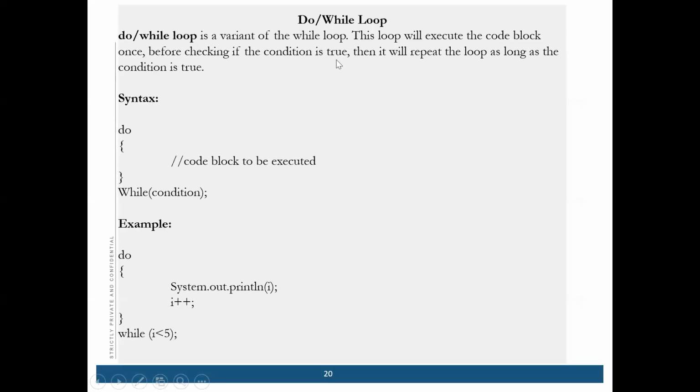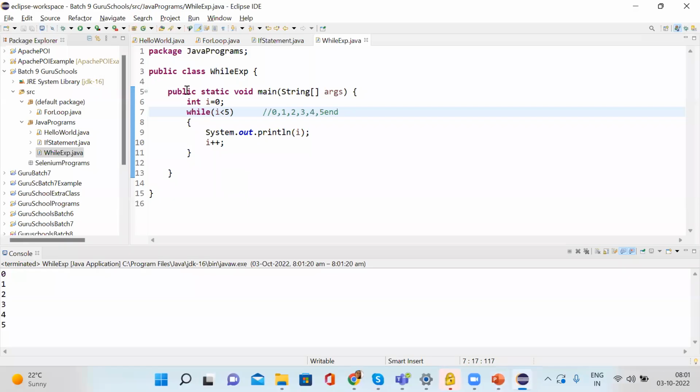What is a do while loop? Anyone know what a do while loop is? In a do while loop, we execute the code first and then we check the condition. So in a do while loop, this code will be executed at least one time, even if the condition is false. I'll just give you the example.